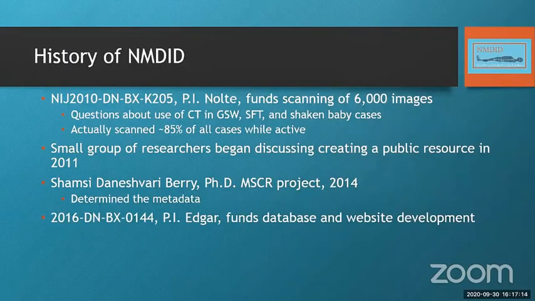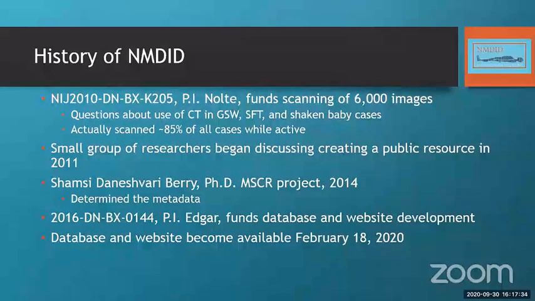And then in 2016, NIJ very kindly funded us again to create the New Mexico Decedent Image Database. And that funded the creation of the database and the website development so that we could share it with the research public. We worked very hard from 2016 to 2020, and the database and website became available on February 18th, 2020.